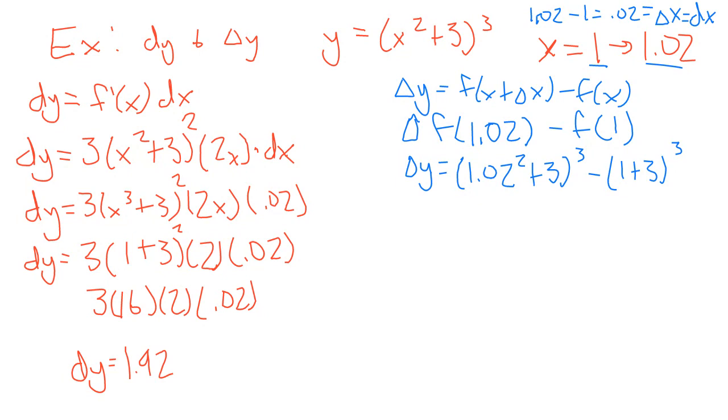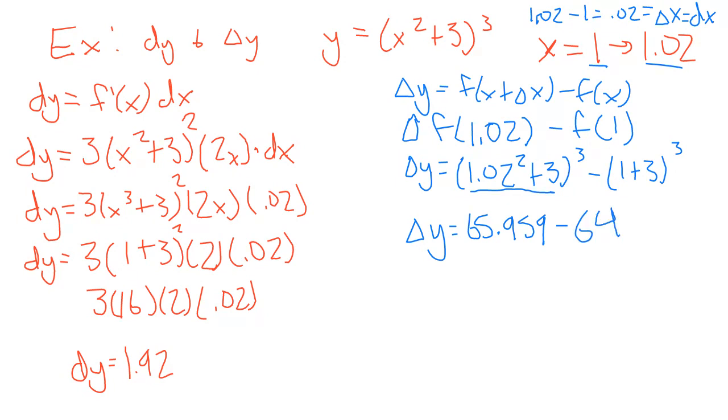Now let's move on to our delta y. This one, I plugged into a calculator. 1.02 squared plus 3, cubed, gives us 65.959, minus 1 squared plus 3, which is 4 cubed, which is 64.